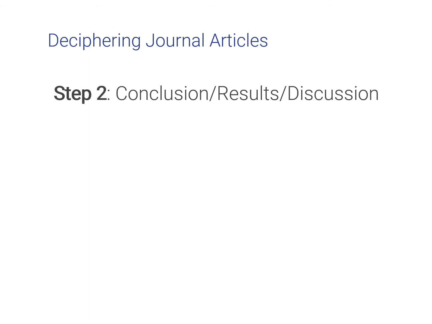After you've read the abstract and have a general idea of what the paper's about, I'd like you to actually go all the way to the end of the paper and read the conclusions. It's named various things. They can say conclusion, they could say results, they could say discussion.